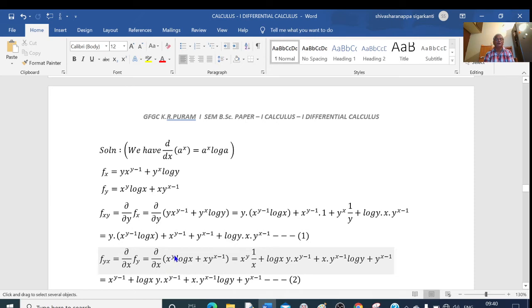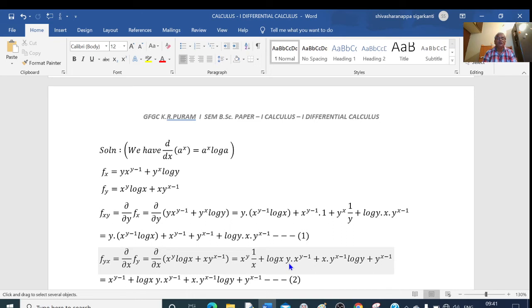Here y is a constant quantity, so therefore derivative of x to the power of y is y into x to the power of. This first one is x to the power of y into 1 by x plus second function is log x into x to the power of y derivative with respect to x.